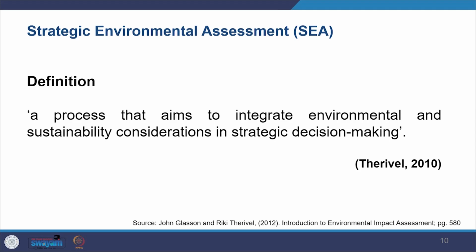Now moving on, we'll look at the definitions and need of strategic environmental assessment. Definition-wise, SEA can be defined as a process that aims to integrate environmental and sustainability considerations. So it brings environment as well as sustainability considerations into strategic decision making.